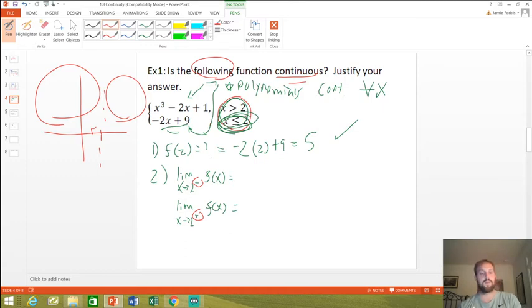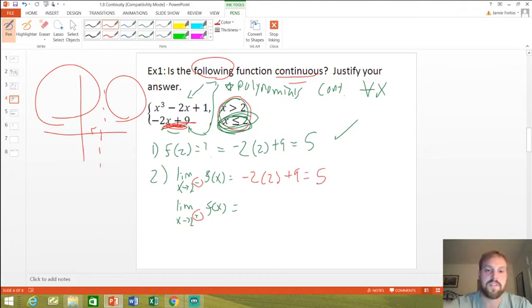So we have 2 different graphs on either side of the break. So if I were to say the limit as x is approaching 2 from the left, I'm going to use the function that's dealing with the values less than or equal to 2, which in this case is the linear function. So 2 from the left would be me doing negative 2 times 2 plus 9, which equals 5. We already showed that.